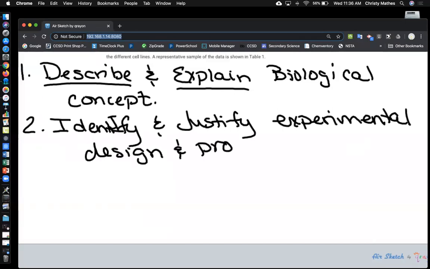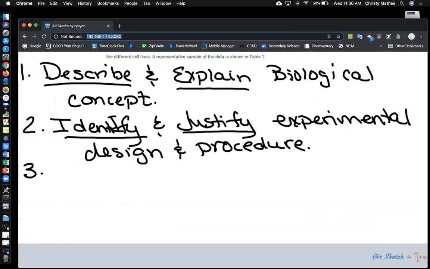You have to look at what they did and understand it, and that would be the identify part. You have to justify what they did in regards to good science. This is really like those research projects you did, where you had a research topic and had to design an entire experiment to answer that question. Only instead of doing your own work, you have to work with somebody else's.